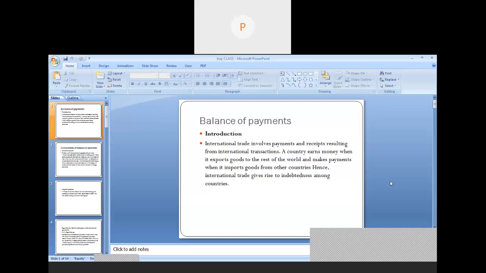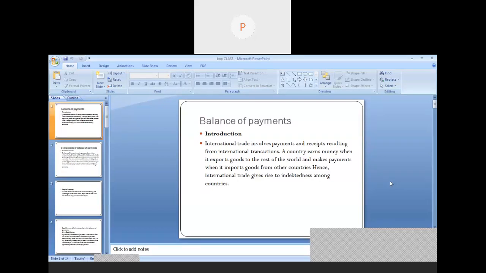If you see, economic transactions are those transactions which cause transfer of value, right? Whenever a commodity is sold to some other country, or when we are importing a certain commodity, we are going to pay something or receive something. So that payment or receipt is maintained in the balance of payment account.